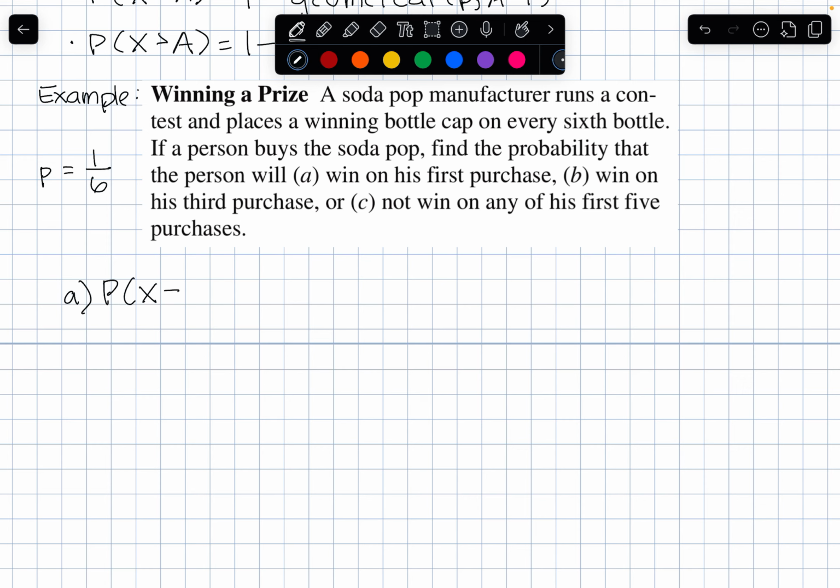P, win occurs on first trial, x equals 1. That's an exact value, so that's the PDF. So geomet PDF, and then I want probability of success, trial number where that success happened.